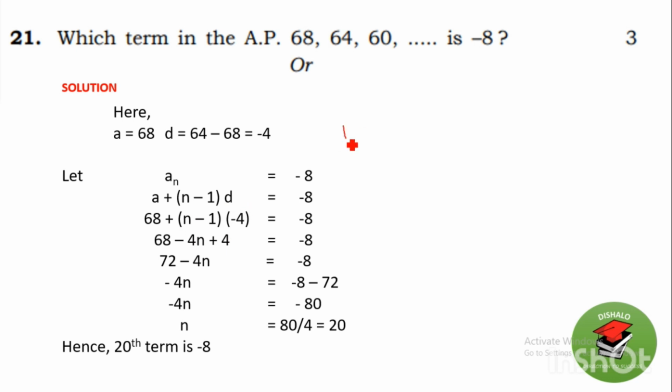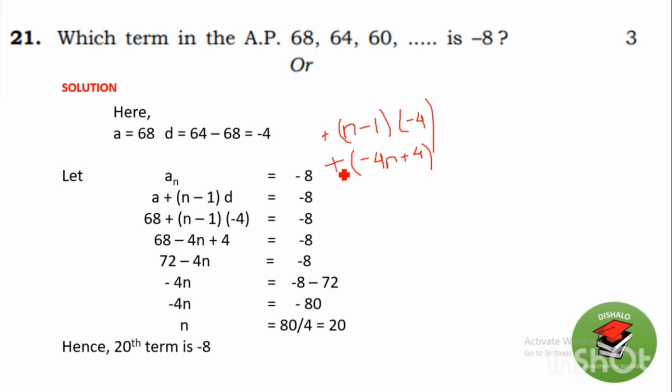So if we multiply this separately, N minus 1 into minus 4: minus 4 into N is minus 4N, and minus into minus is plus, 4 ones are 4. So you will get something like this.